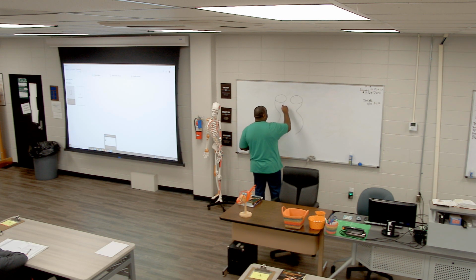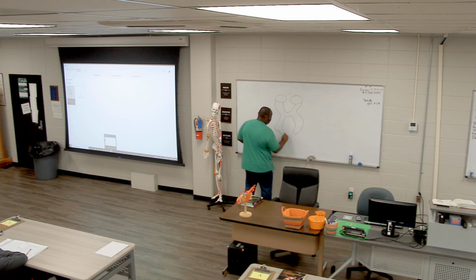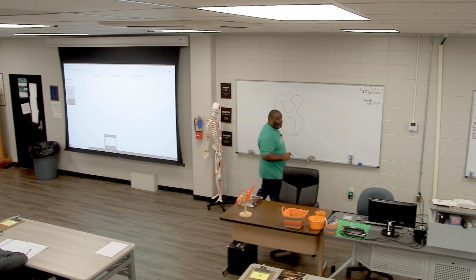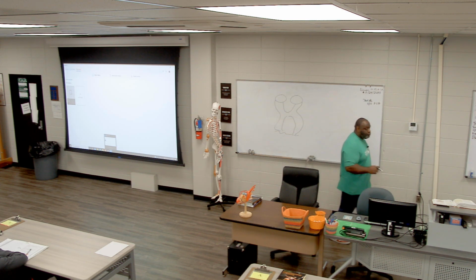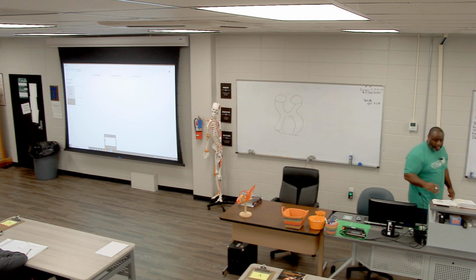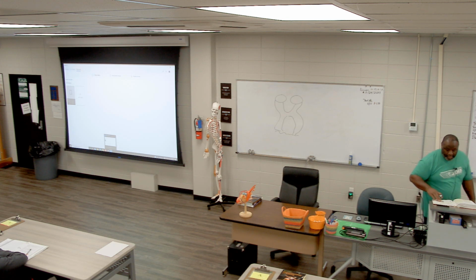Okay, and there's a track that's coming from here to here. Track coming from there. Track coming from there. And this portion in the true rear is going to be known as your occipital lobe of your brain.